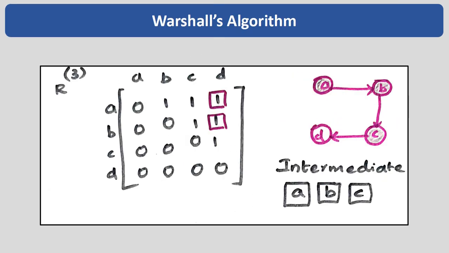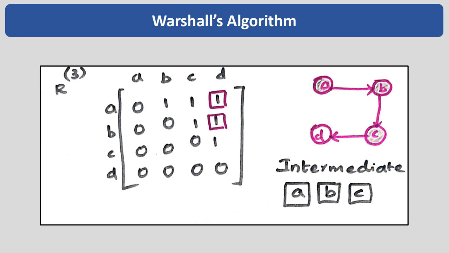Now let us construct the third matrix, that is R3. So now the number of intermediate will also increase. In R1, what was the intermediate element? A. In R2, what was the intermediate element? A comma B. Now in R3, what are the intermediate elements?